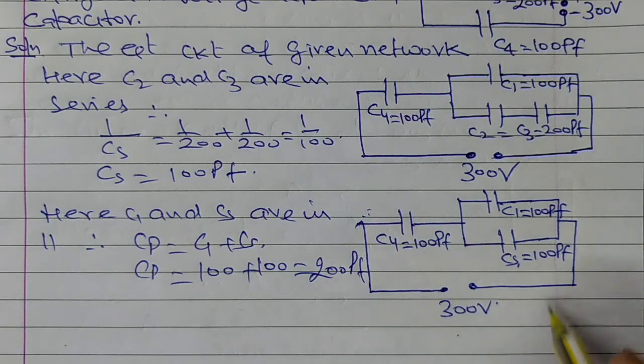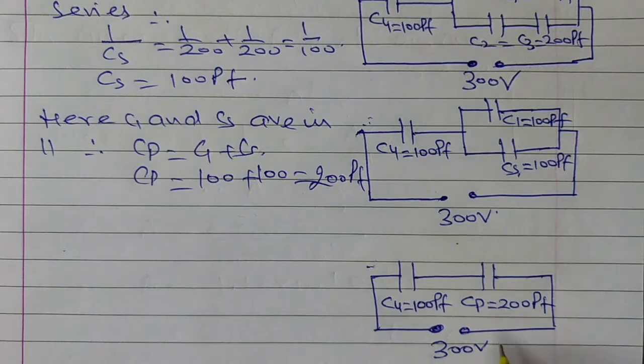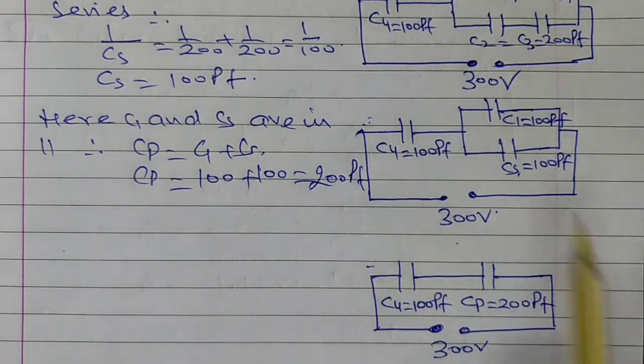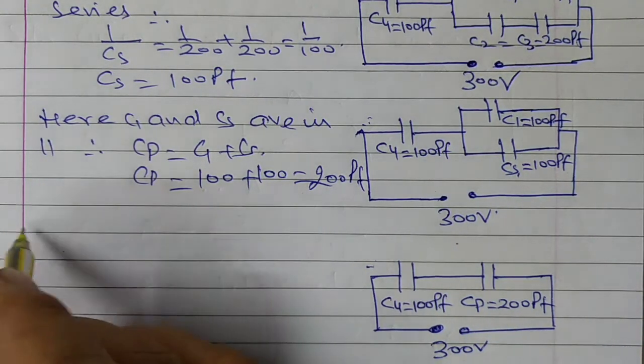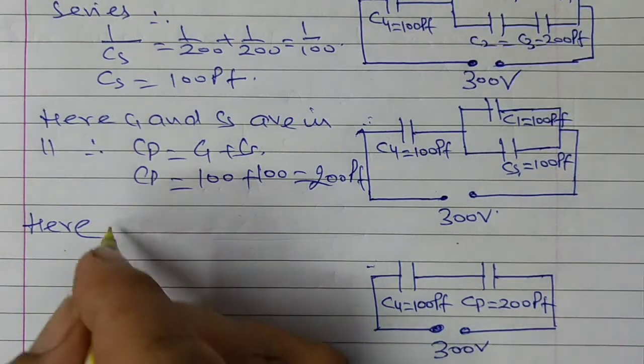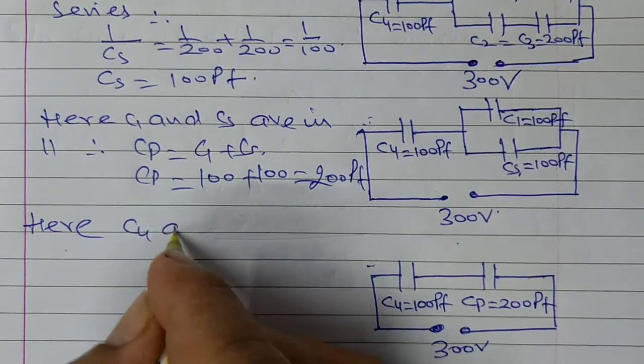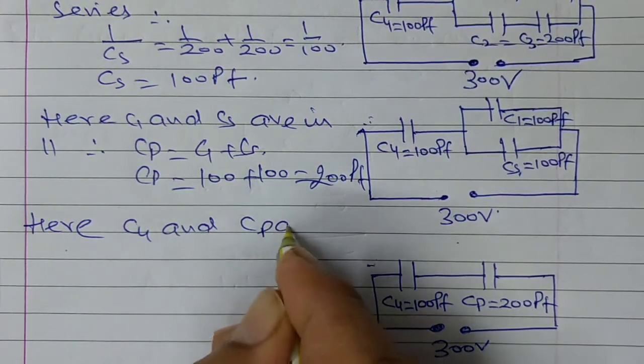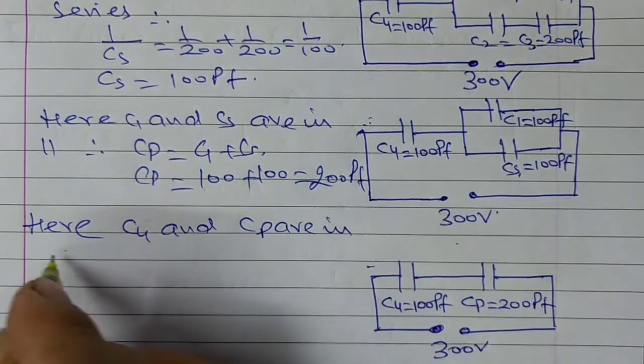Now, again the equivalent circuit diagram of this circuit diagram. Here this C4 and Cp are in series.